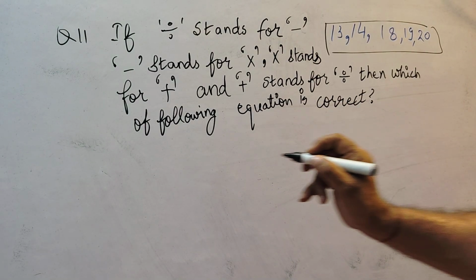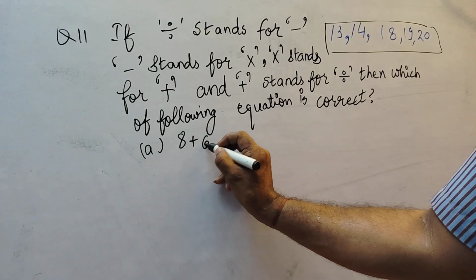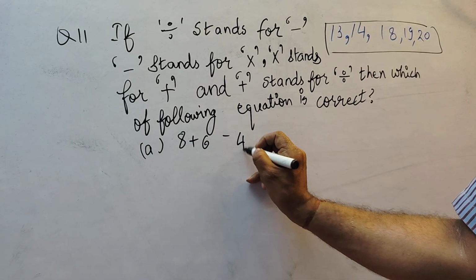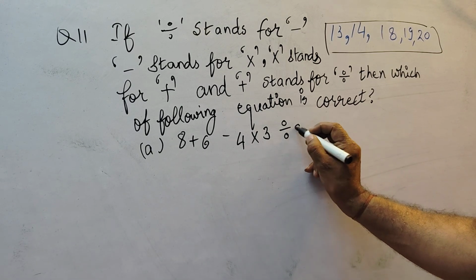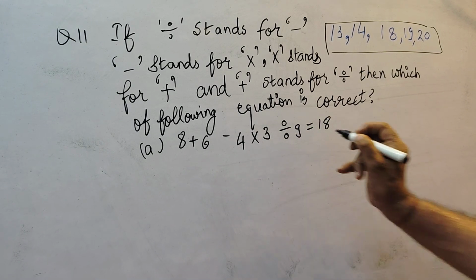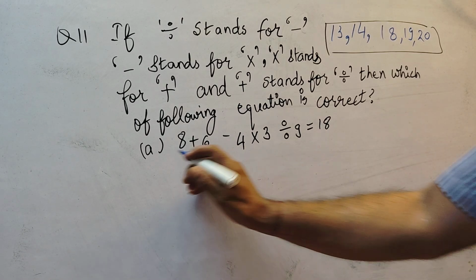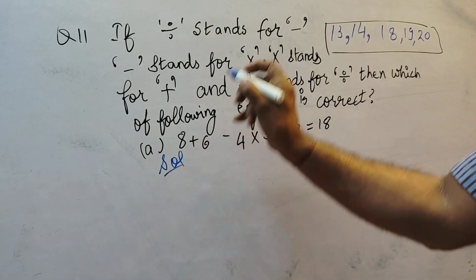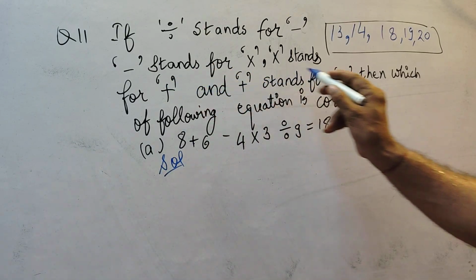Option A is 8 plus 6 minus 4 multiply 3 divide 9 equal to 18. Let us check whether A is correct or not. First in the solution we replace the signs.